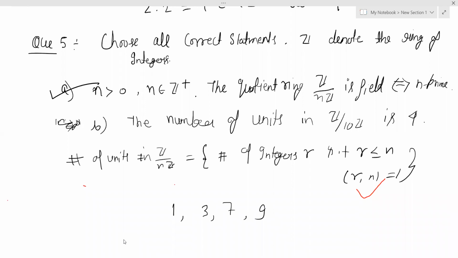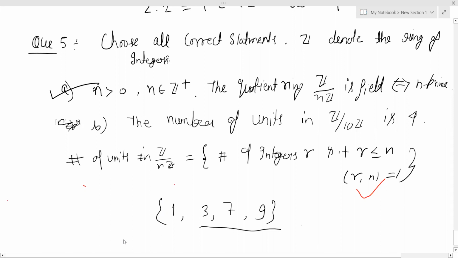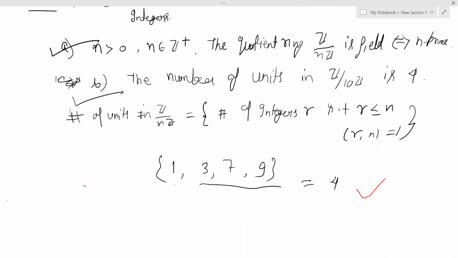These are the only ones, so these are only 4 numbers. So this one is a correct statement, right? The number of units in Z mod 10Z is 4.